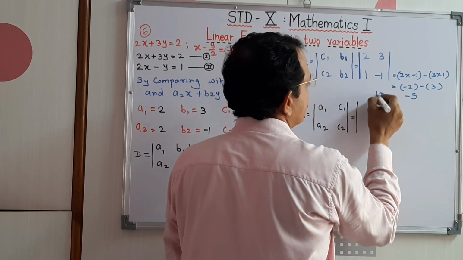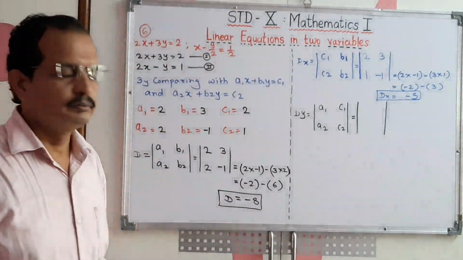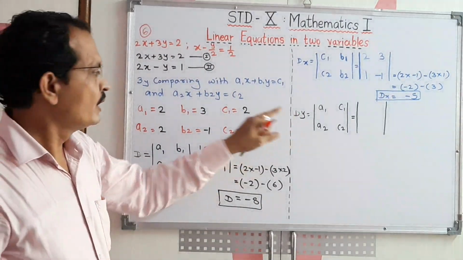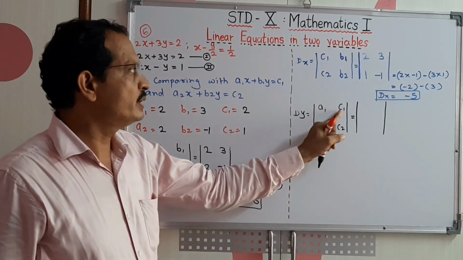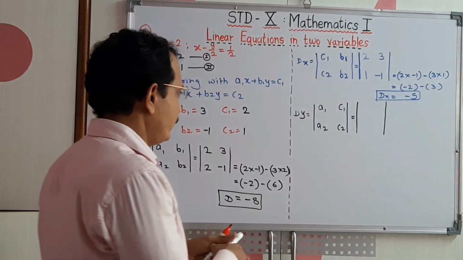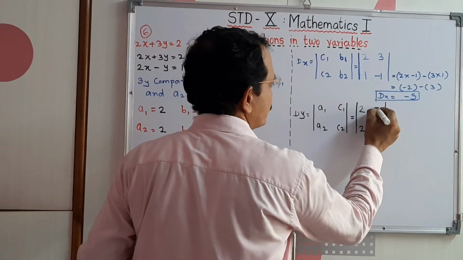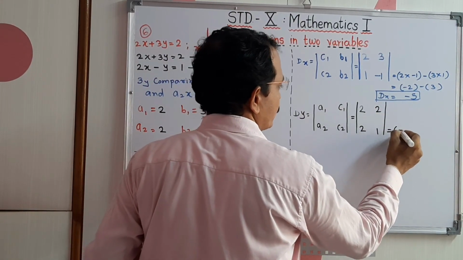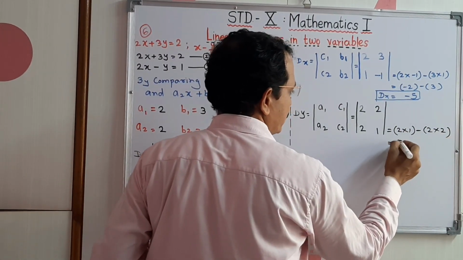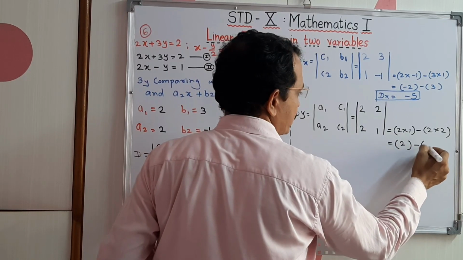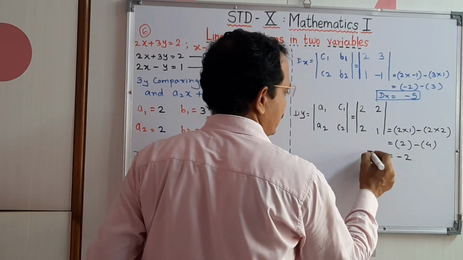Therefore dx is equal to minus 5. Now dy. dy a1 a2, replace this b1 b2 with c1 c2. Now a1 a2, it is 2 2 and c1 c2 is 2 1, which is 2 into 1 minus 2 into 2. It is 2 minus 4, we get here minus 2 is the value of dy.